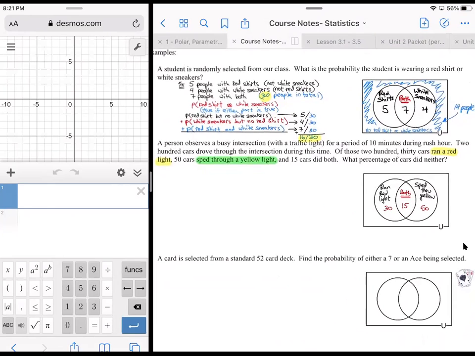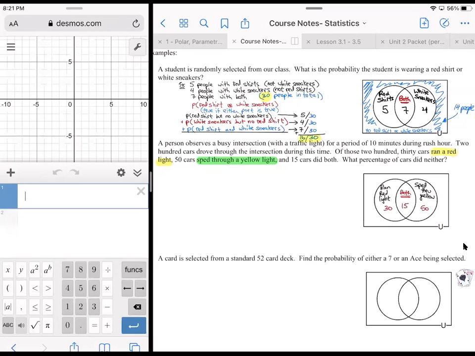On a test, I like to be a little overly specific because there can be a little ambiguity here where you're like, wait, so is that 30 cars that only ran a red light? Or is it 30 cars that ran a red light, with the 15 that did both being part of that 30?